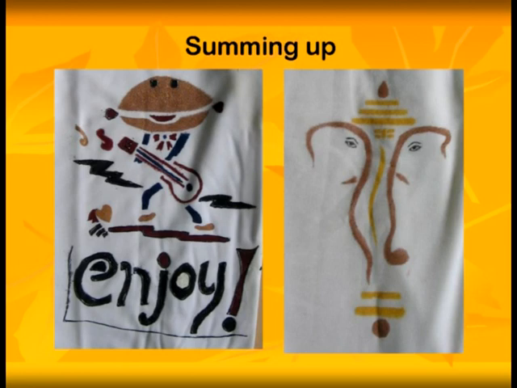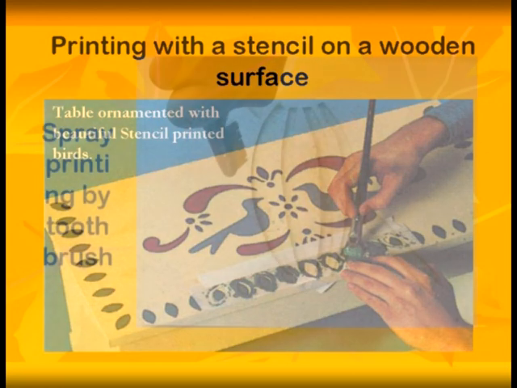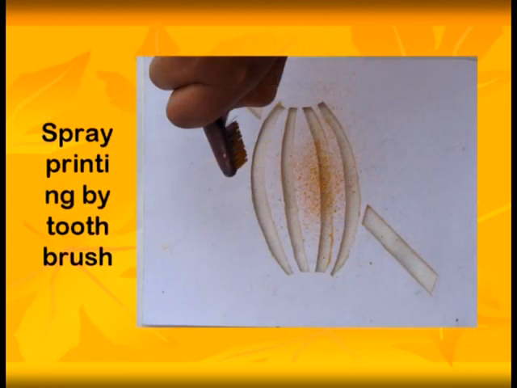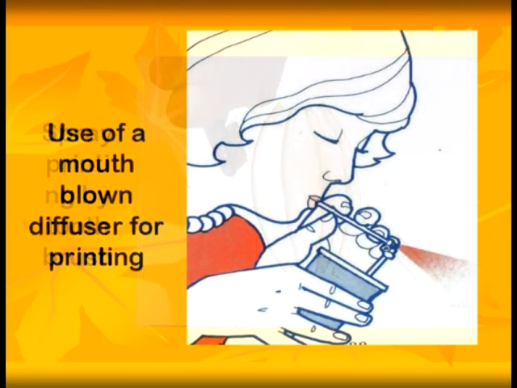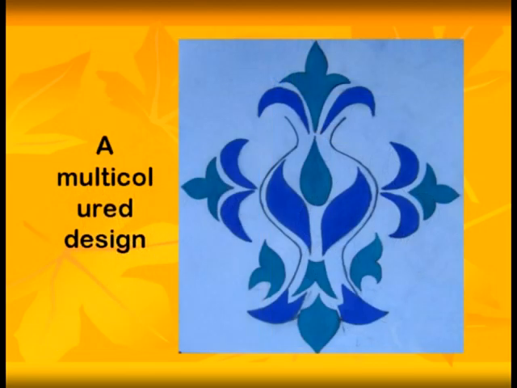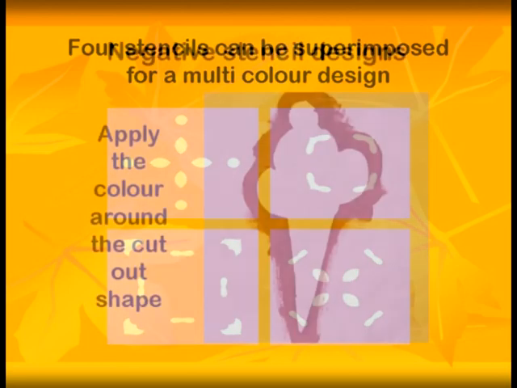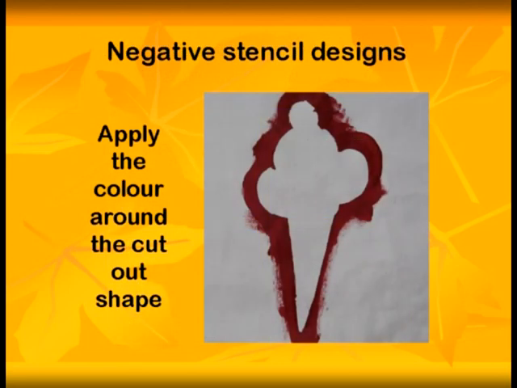These include use of brushes to print, spray printing with the help of a toothbrush or a mouth blown diffuser, etc. Some new ideas for printing have been described, for example, producing multicolored designs with stencils, use of superimposed and negative stencils to create appropriate designs.